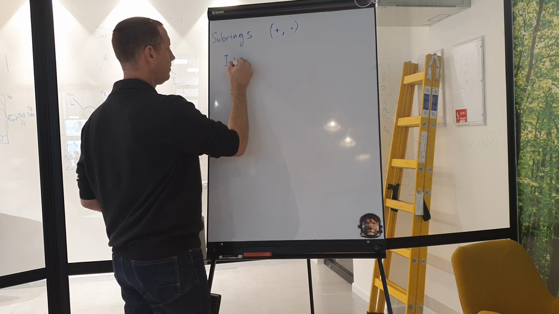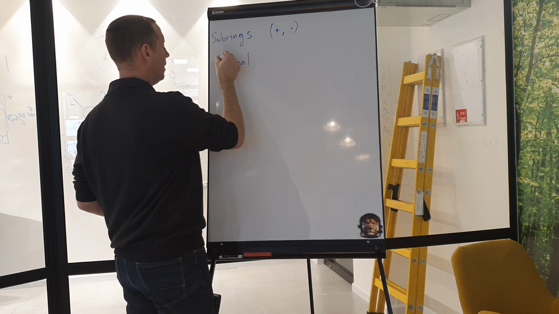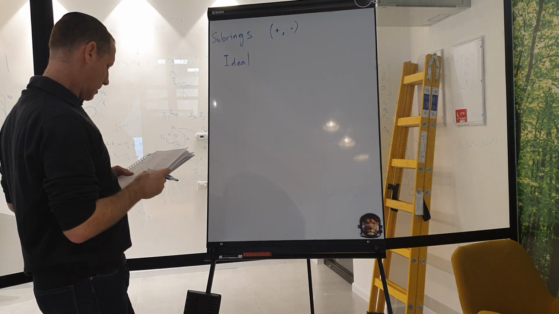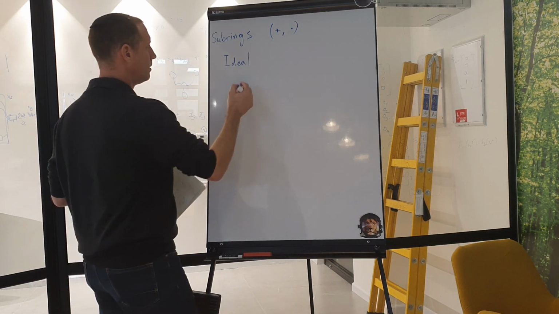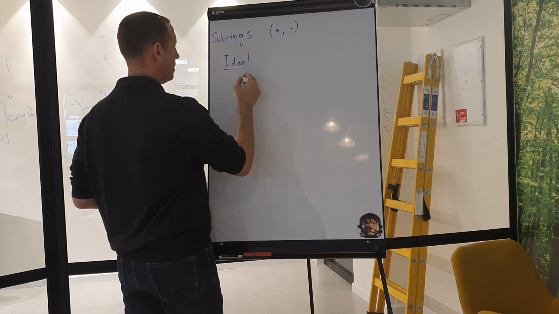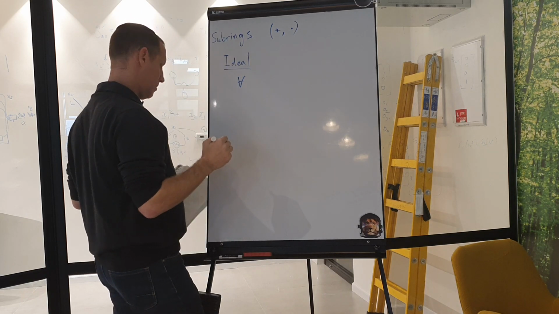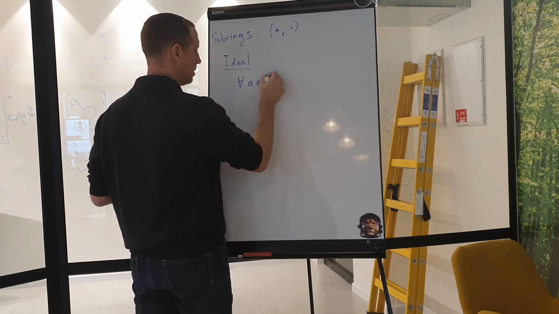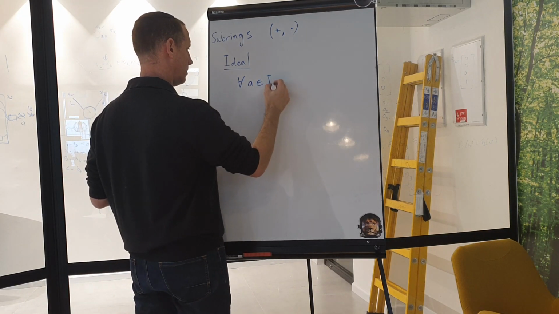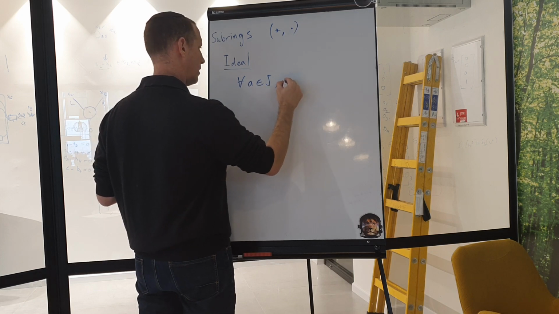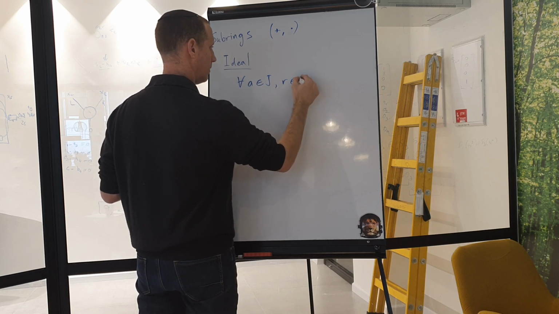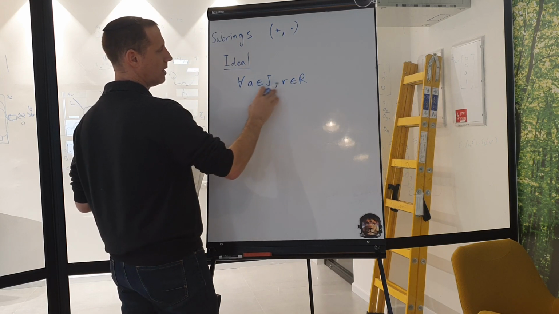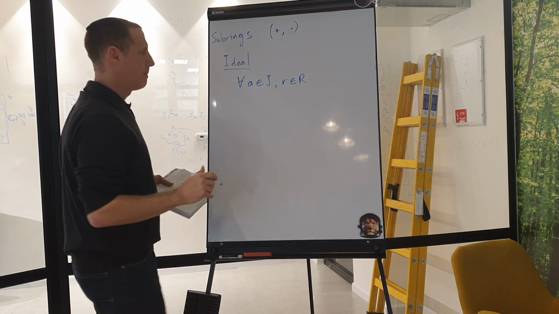Now an ideal, right, what we defined is that for each a in J, okay, J is an ideal, and r in a ring, okay, we say that J is an ideal of that, okay.